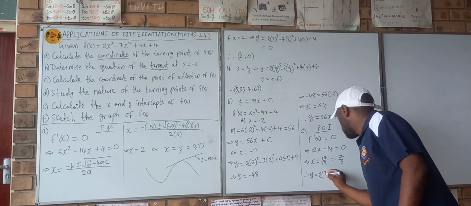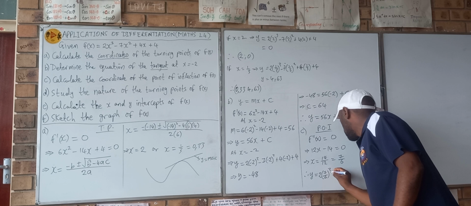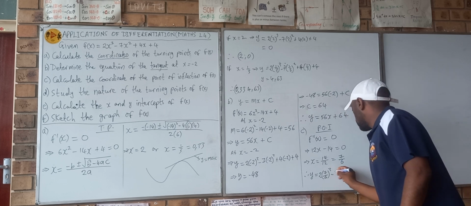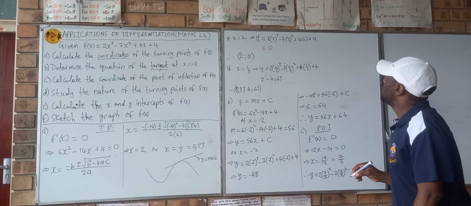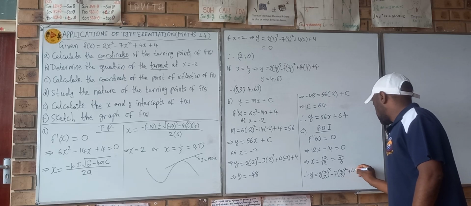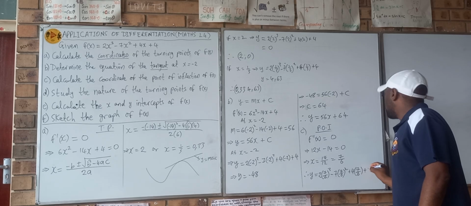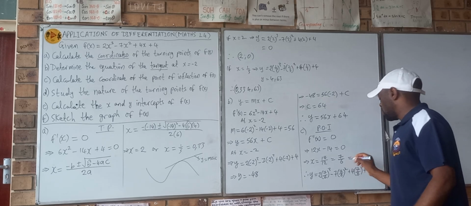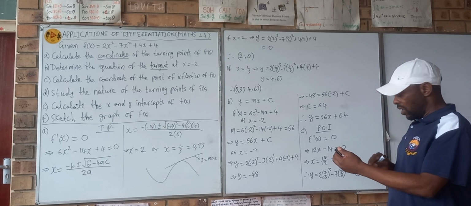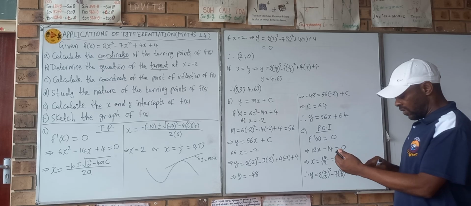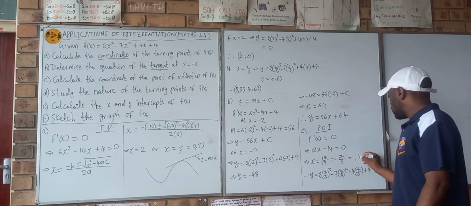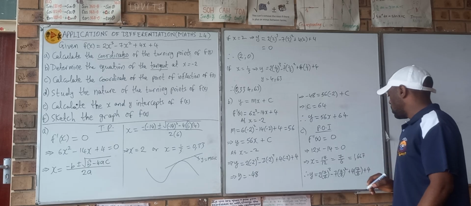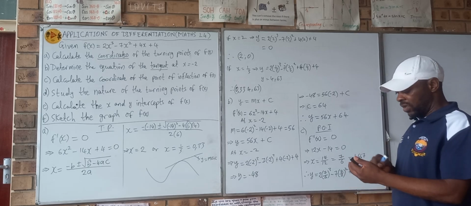So I'll get 2 into 7 over 6 cubed minus 7 into 7 over 6 squared, then plus 4 into 7 over 6, then plus 4. Let me see, maybe I would prefer to substitute decimals. 7 divided by 6 is the same thing as 1.667.